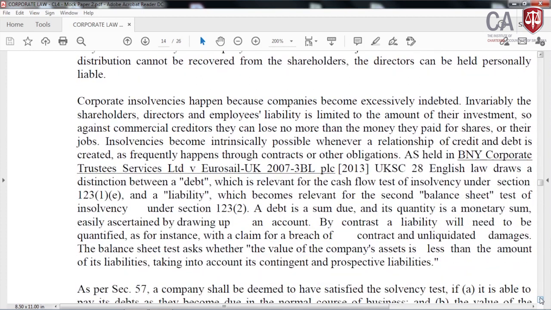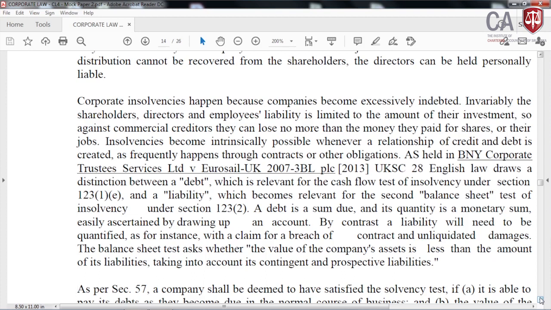So, corporate insolvencies happen because companies become excessively indebted. Invariably, the liability of shareholders, directors and employees is limited to the amount of their investment. So, against commercial creditors, they can lose no more than the money they paid for shares or their jobs.